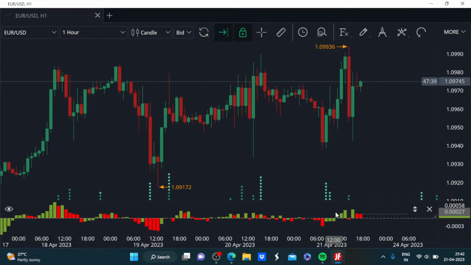So if on balance, or you can say on average, the closing price has been higher than the opening price, then we will have the output of the CQS in positive territory. If the closing price has been lower on average compared to the opening price, then we will have the CQS value in negative territory.